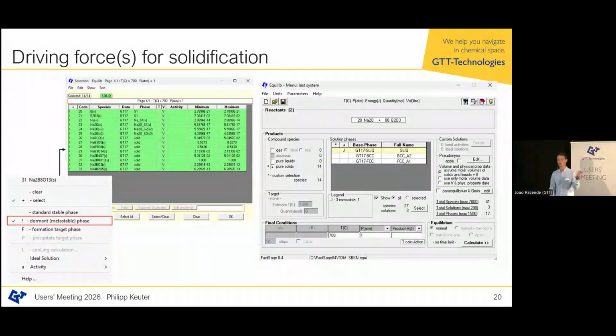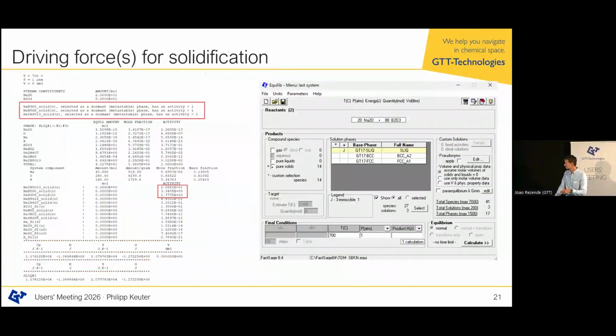And then we do a point calculation, a very simple example, 700 degrees C, fixed composition. What we get, for example, is that 3 solid phases would like to precipitate at 700 degrees C, which is expected, at least for one, where we can now quantify their activity, calculate their driving force, and use that for more advanced kinetic modeling if that is of interest.